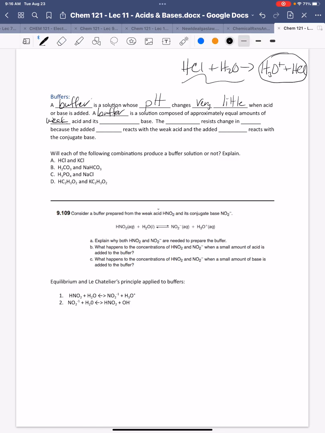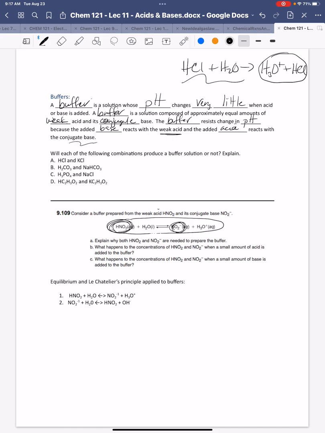We also build this weak acid-base system with a conjugate base. What that means is we're going to build the equilibrium with a little bit of acid and a little bit of base, kind of like building the equilibrium from both sides. We have both present in the solution. The buffer resists change in pH when the added base reacts with the weak acid and the added acid reacts with the conjugate base.